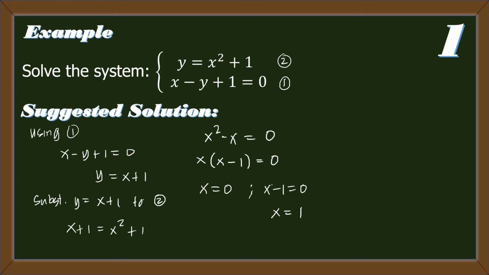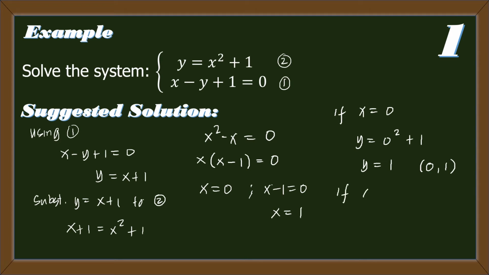Now let us substitute the results into either the equation of the parabola or the equation of the line. Let us use the equation of the parabola. If x is equal to 0, we have y is equal to 0 squared plus 1, then y is equal to 1. Then one solution is the ordered pair (0, 1).